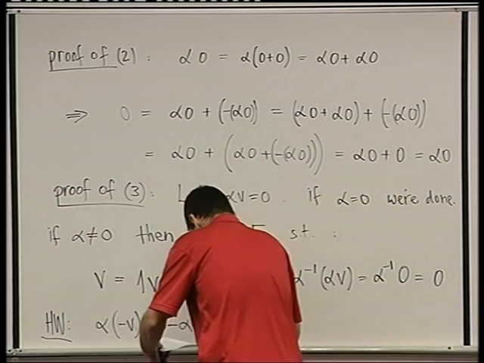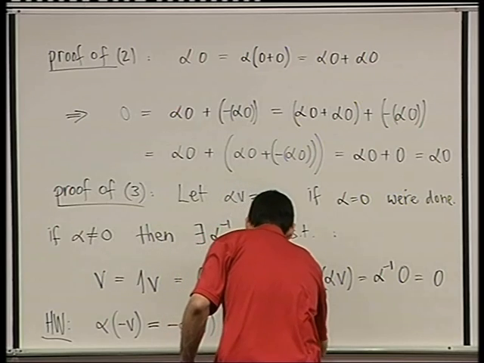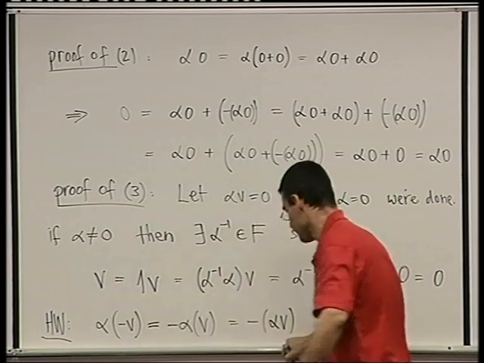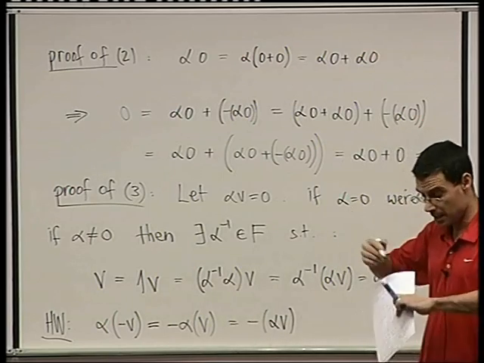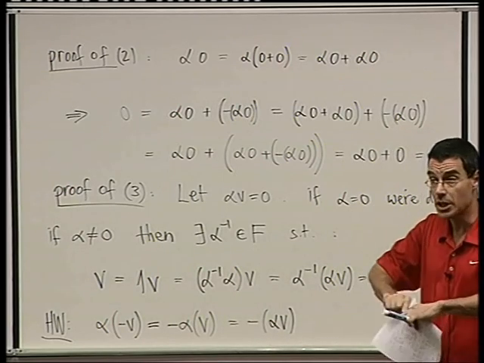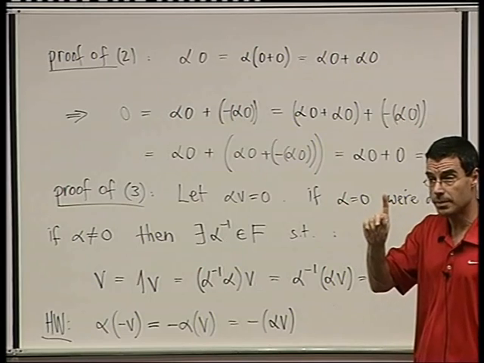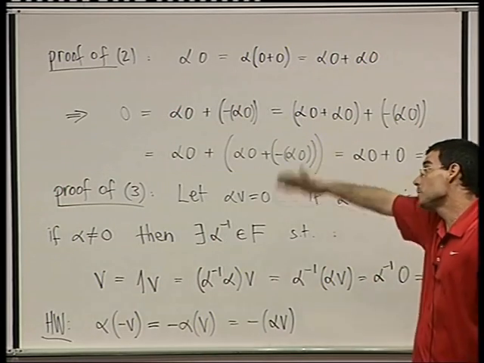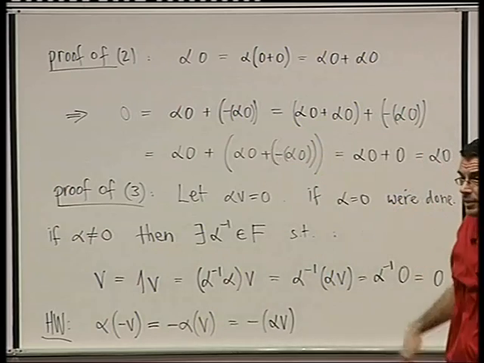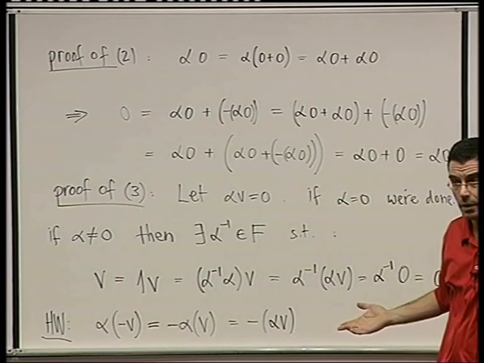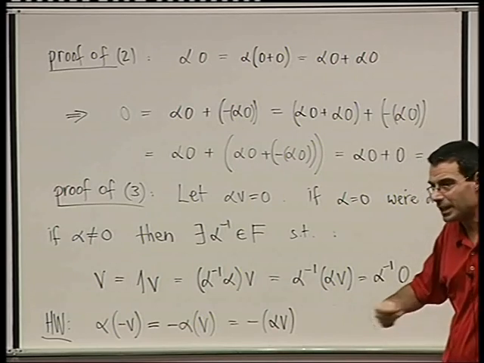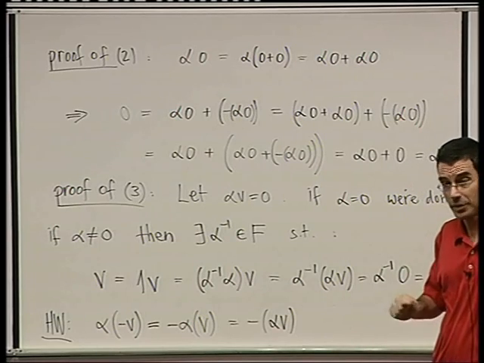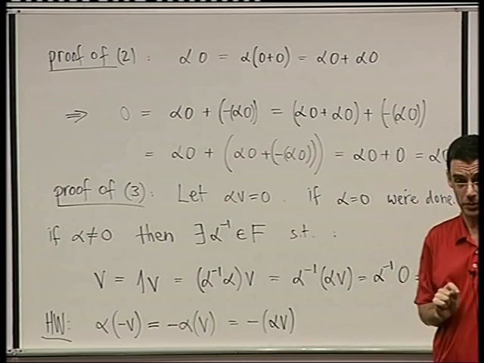And this equals minus alpha v. Try to show it using only the axioms, the definition, plus what else can you use? Right, you can use the new 3 properties that we listed and proved. Try to do it. It really feels at the beginning like playing a game. But it's a game you need to play by the rules.